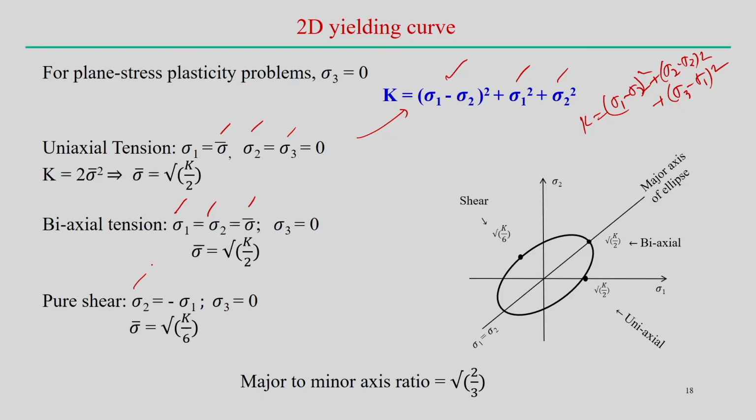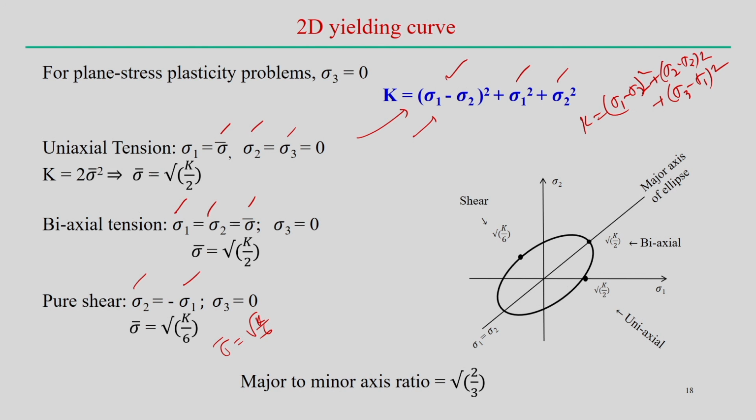In that case, the principal stress sigma 1 equals minus sigma 2, or sigma 2 equals minus sigma 1, and sigma 3 equals 0. Putting this condition in this expression, we reach sigma bar equal to root over k by 6. This sigma bar indicates the shear yield stress value.